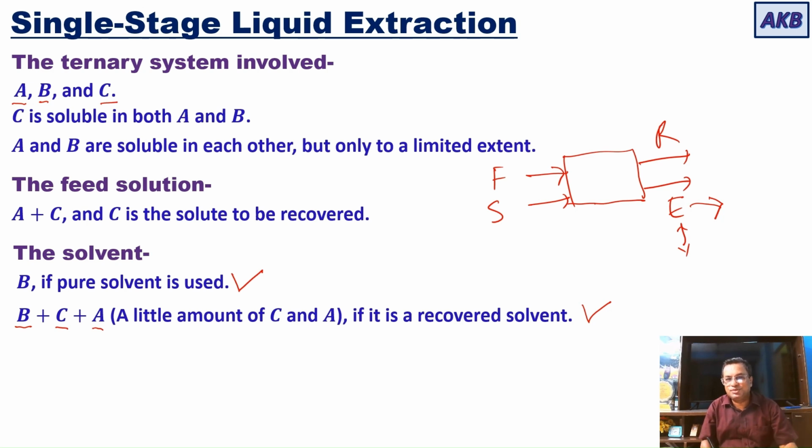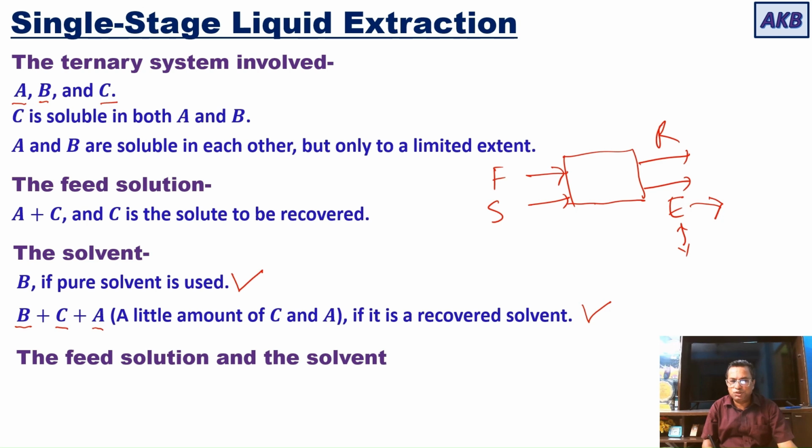If it is a recovered solvent, then all three components will be there, majorly B, and little amounts of C and A. In that case, we can call it solvent phase, because it contains B plus C plus A. Okay, so this is the solvent.